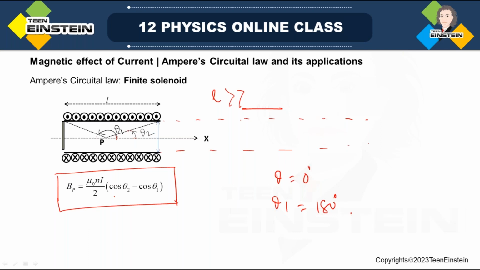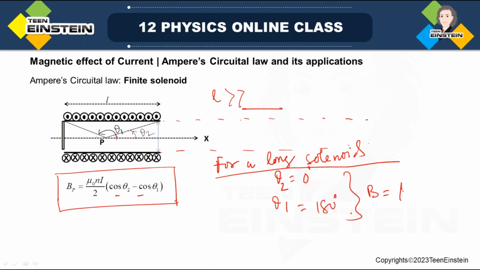In that case, this will be 1, this will be minus (minus 1), so plus 1, so this will be mu 0 n I. Theta 2 will be 0 for a long solenoid. So if you put this in, you will eventually get B equal to mu 0 small n I.